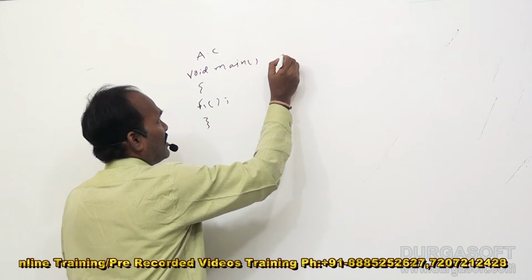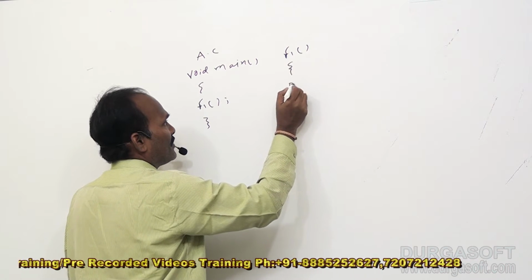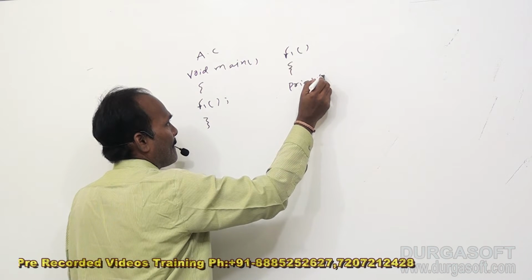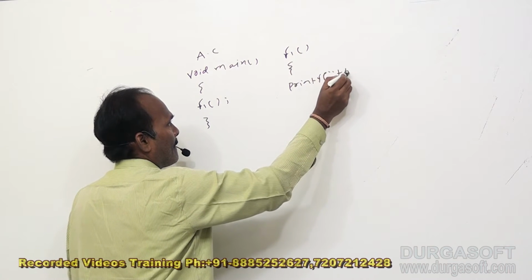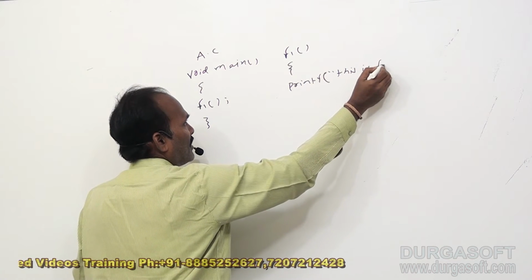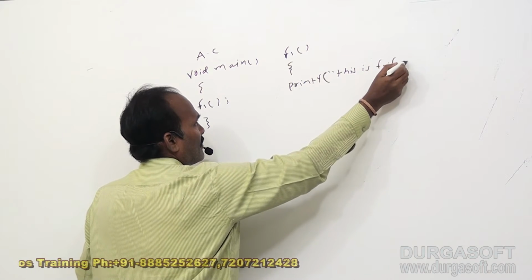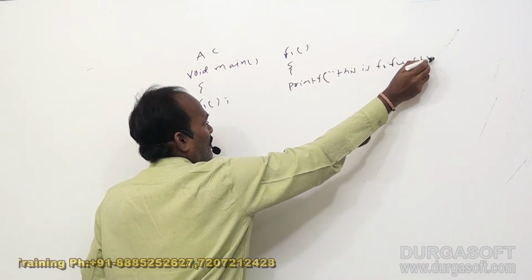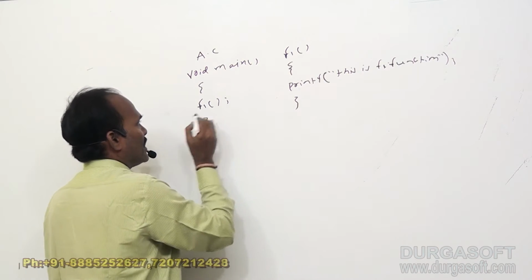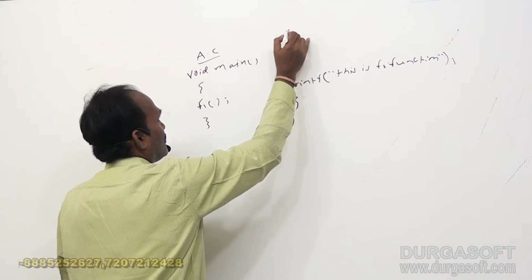And what happens here? F1 has a printf, this is the F1 function. Both are defined.